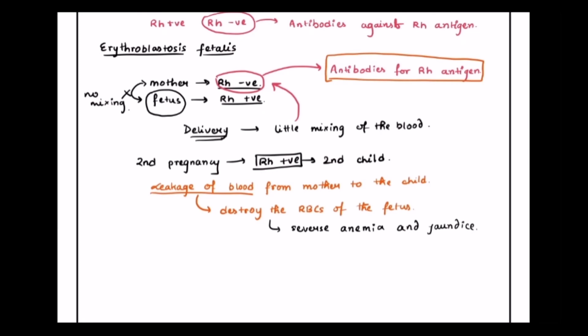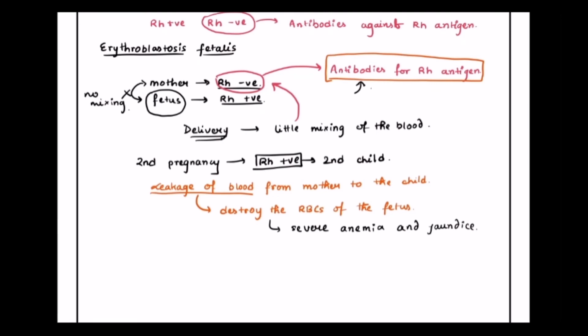Right? So because the blood is leaking and the blood is already having the antibodies for the Rh antigen, that is why the second child can have some severe conditions like anemia. So this can be the case.